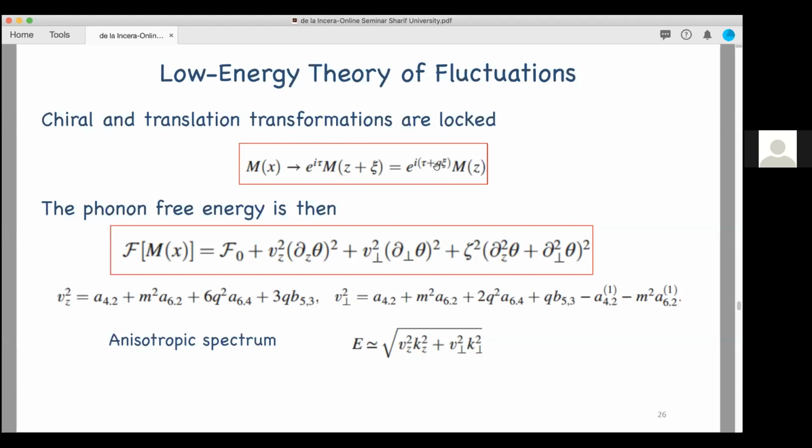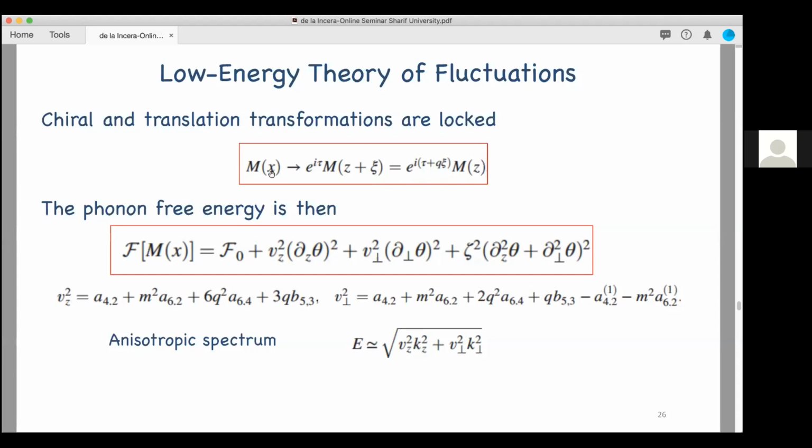And that tells me that they are locked. So both of them are not independent, because you can have a combination that does not do anything, and there is another combination that will transform the order parameter. So you can choose any direction. You can say pion or phonon or a combination. For simplicity, we consider the phonon. So instead of two Goldstone bosons, we only really have to consider one type of fluctuation, and that would be the phonon fluctuation.